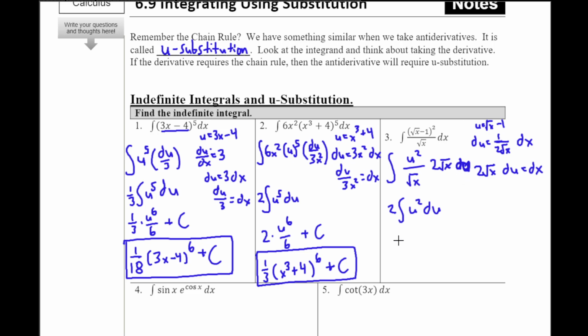So now, continuing here, 2 times reverse power rule, u to the third power over 3 plus c. Now you just replace the u with what we set equal to here. So it's 2/3 (square root of x minus 1) cubed plus c. That is our answer for that one right there.